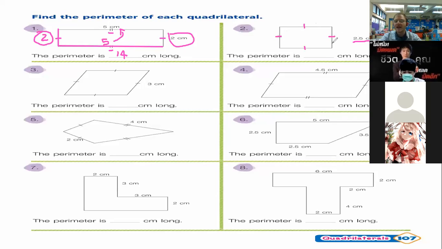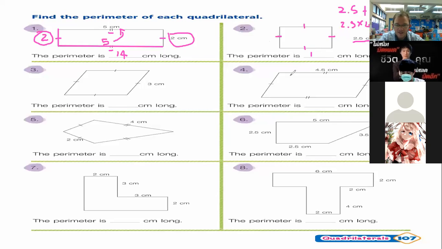So now we can add 2.5 4 times. 2.5 plus 2.5 plus 2.5 plus 2.5. Or we can go and say 2.5 multiplied by 4, because all the sides are the same. And who can tell me what is the answer over there?